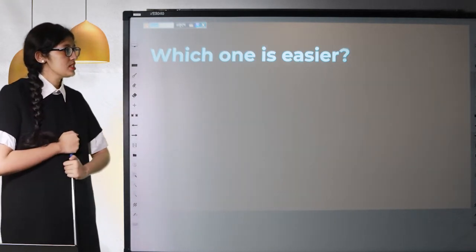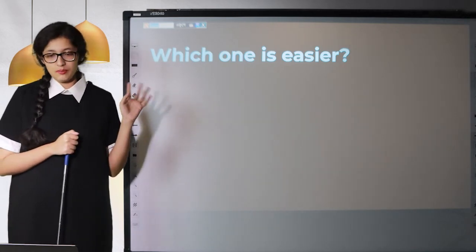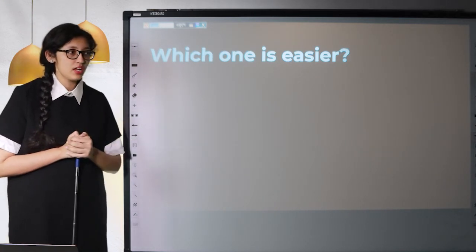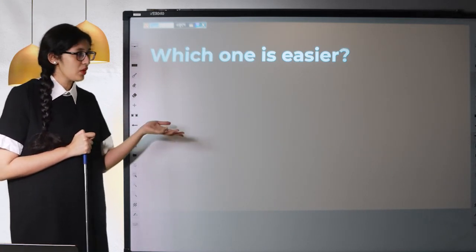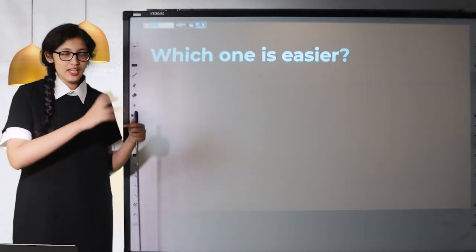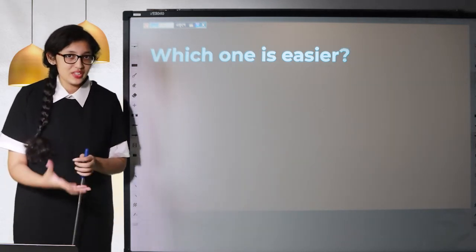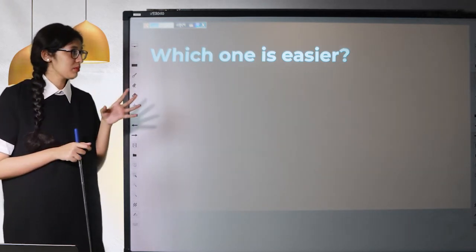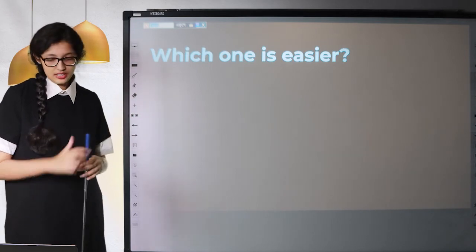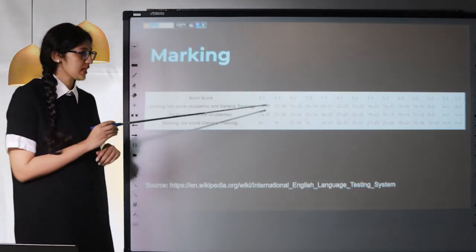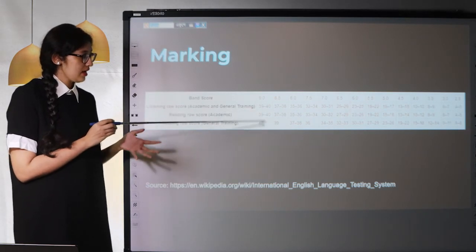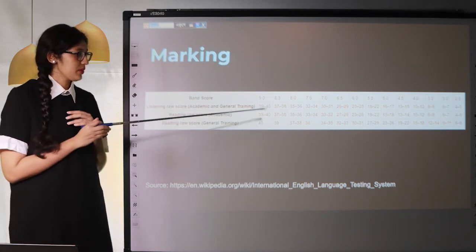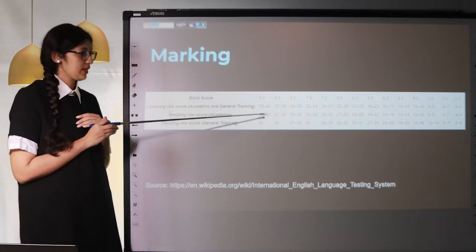But since you've seen the marking scheme already, the IELTS Center themselves kind of imply that the academic reading exam is a little harder than the general training one, and because of that, for academic reading you have to get a lower mark. For general training, you have to get a higher mark to get a better grade, when compared to academic reading.